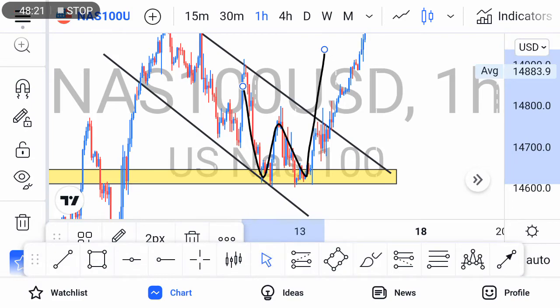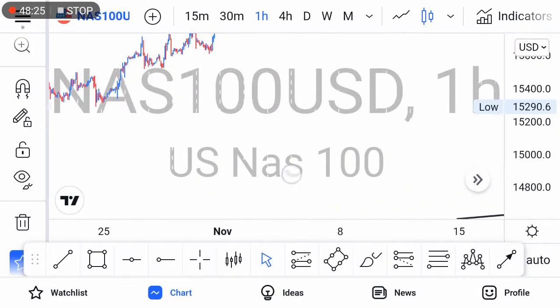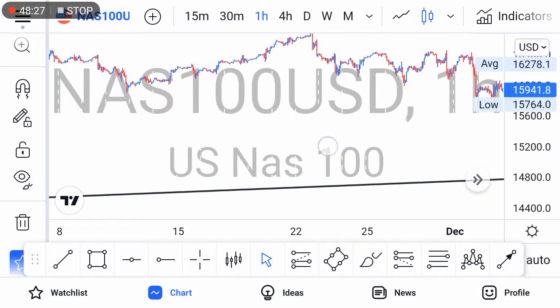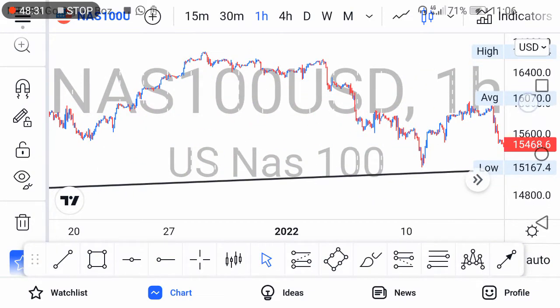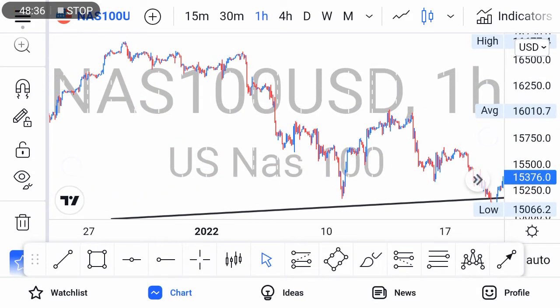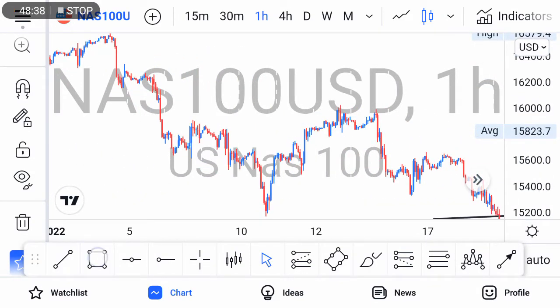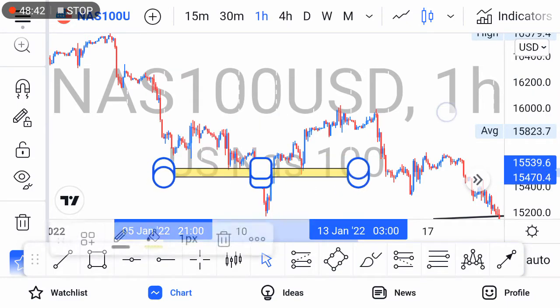So now from now on we say, okay, the right shoulder on 1 hour must give us a price pattern. It must give us a falling channel. Let's see, guys. Here's our right shoulder, our left shoulder. We put our zone here.